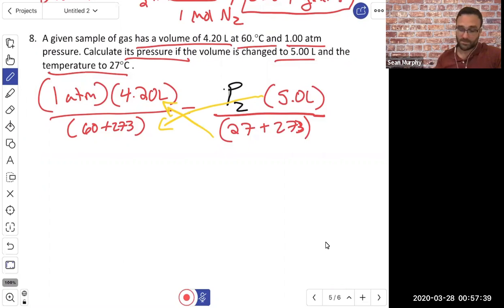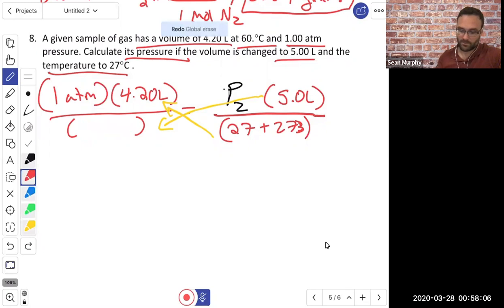What's 60 plus 273? So that is really 333. Oopsie daisies. This is really 333.